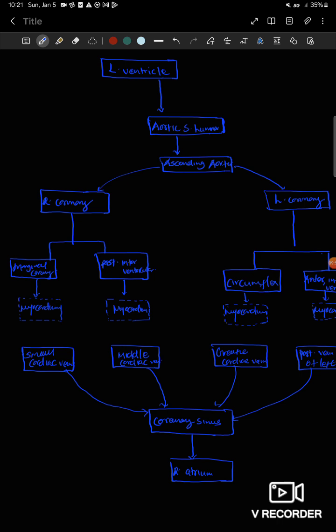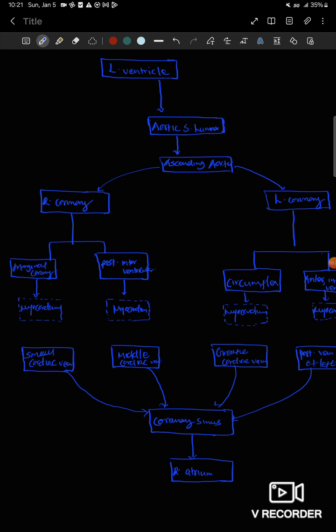A quick recap. This process starts in the left ventricle of the heart. The left ventricle pumps blood through the aortic semilunar valve, which opens so that the blood can be pumped to the ascending aorta. That's during systole, meaning during contraction.